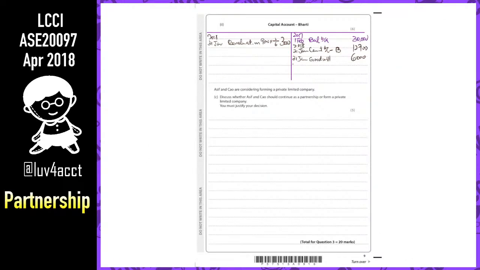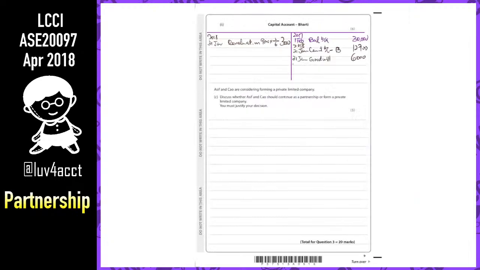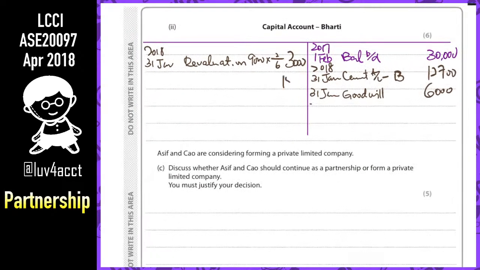Okay, so what is the final settlement? The final settlement being 15,000 by check, and then the rest for a loan. So 15,000, the 1st January, bank, and then loan from B. Let's see how much loan has to be given.